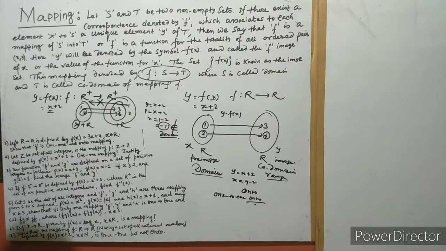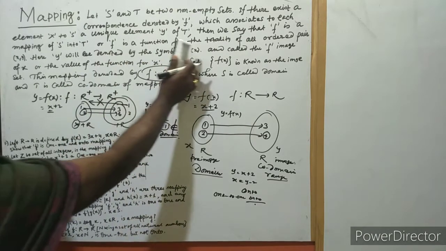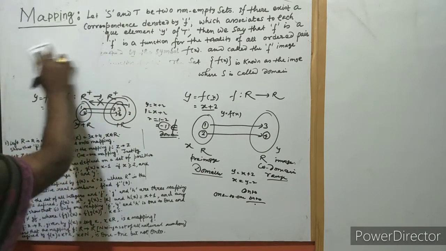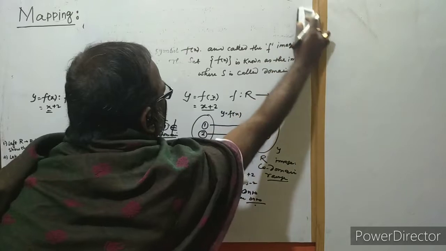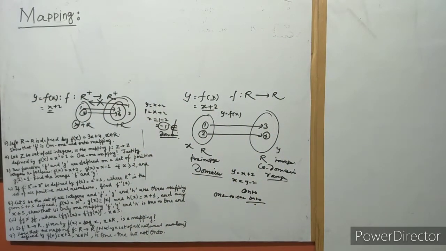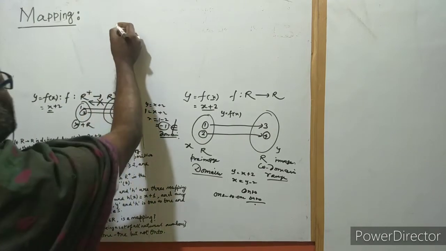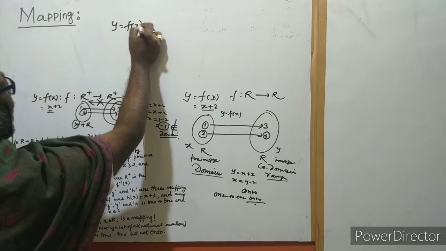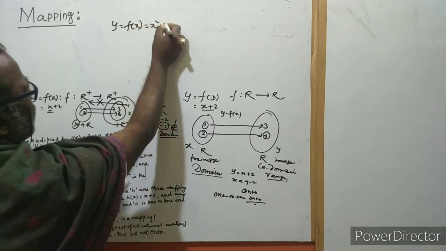And now I want to introduce many to one mapping. What is many to one mapping? For example, I want to give an example, that is y is equal to f of x, and that is here x square plus 2.